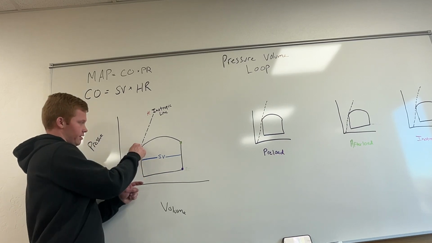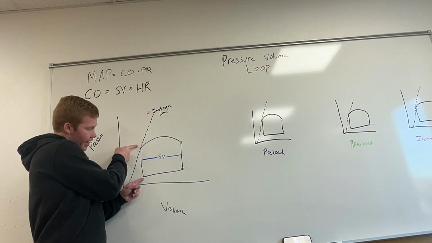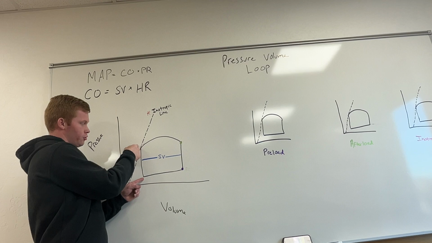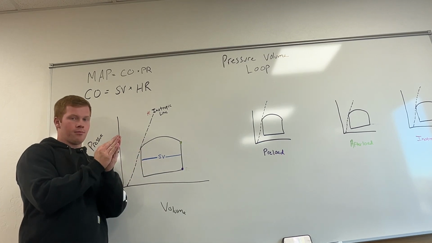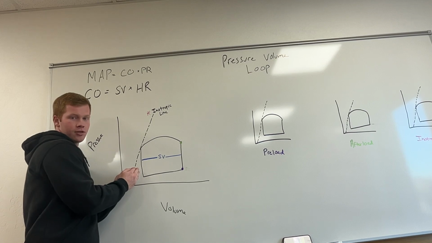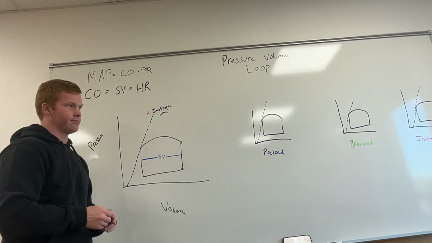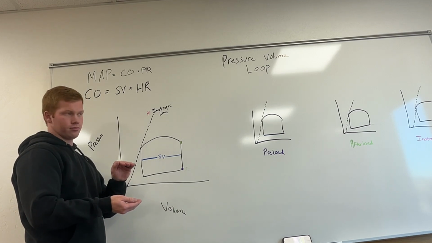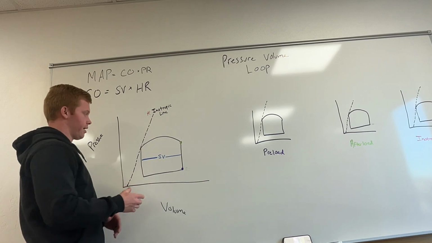But the semilunar valve is closed and the bicuspid or mitral valve is closed. So we have two things closed. Again, it's a closed pressure system, but this is where we have isovolumic relaxation. The ventricle starts to relax, but we have a closed system while the area is expanding, so that pressure is going to go down.